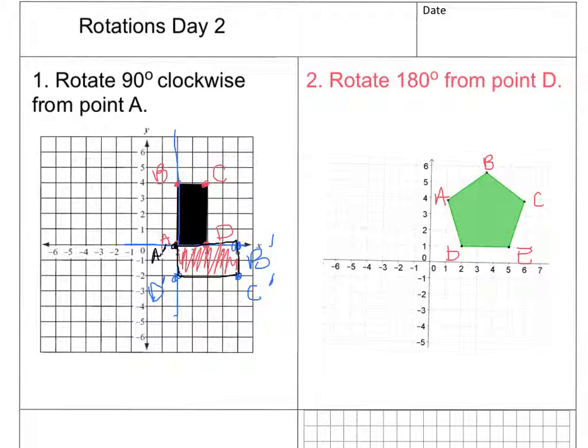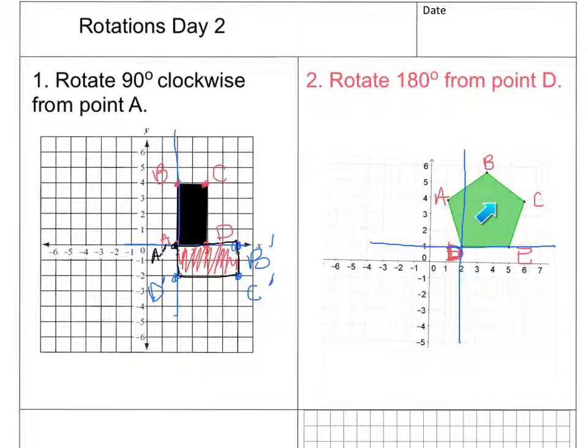Next example, I want you to rotate 180 degrees from point D. Point D, it's a little sloppy, but this is my D. So now, I still want you to imagine you have your X and Y axis now at point D. So this is where point D is.